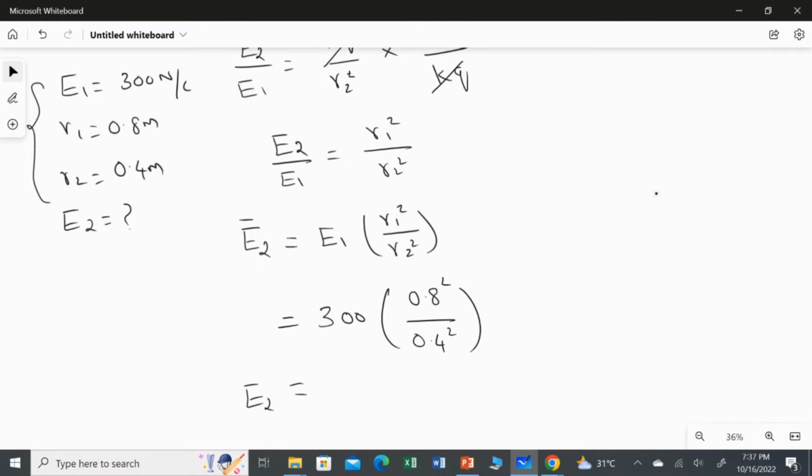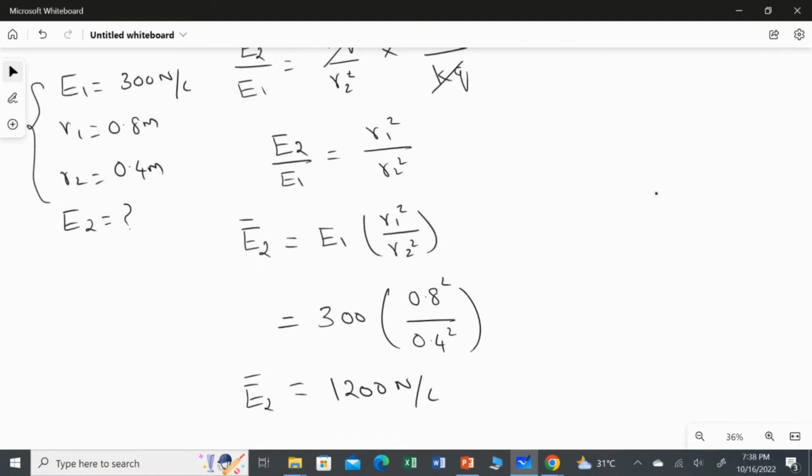That is 300 multiplied by 0.8 square divided by 0.4 square. So we got the answer as 1200 Newton per coulomb. So this is the value of E2.